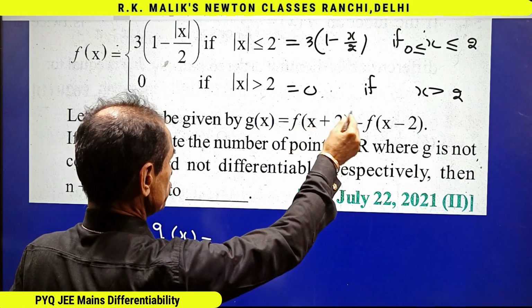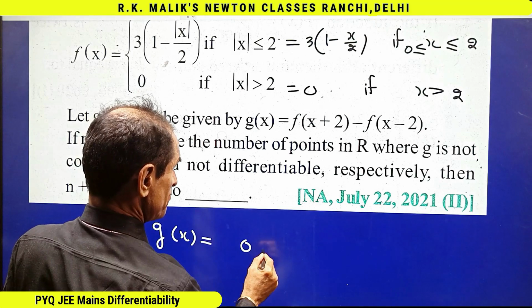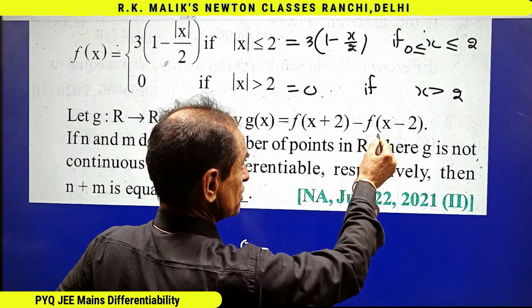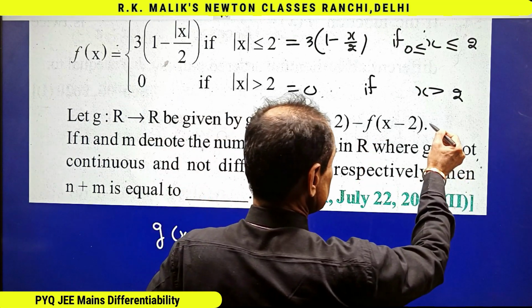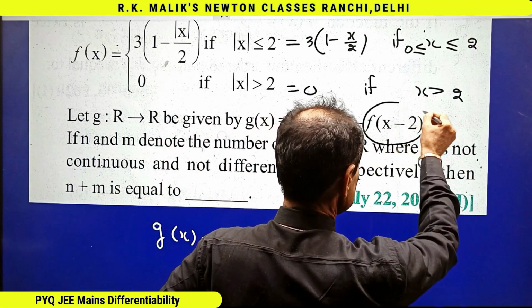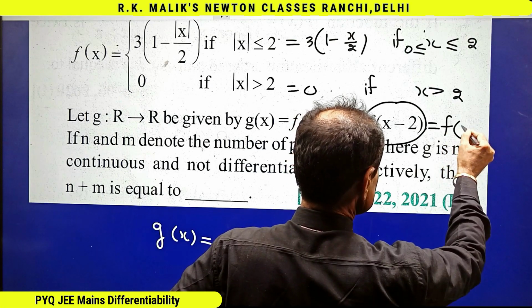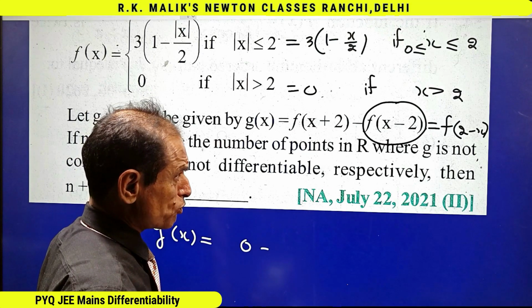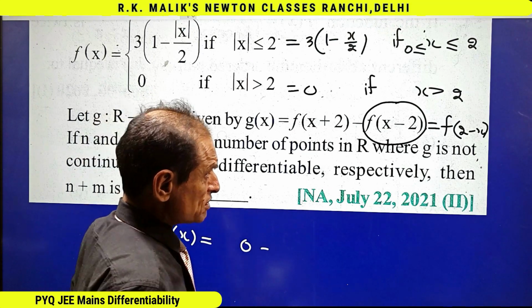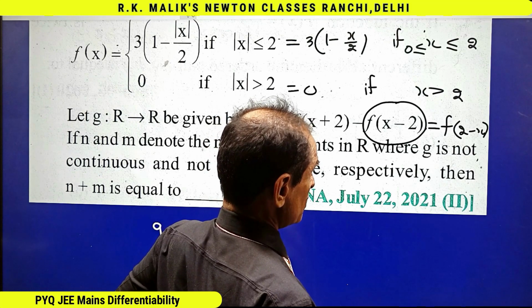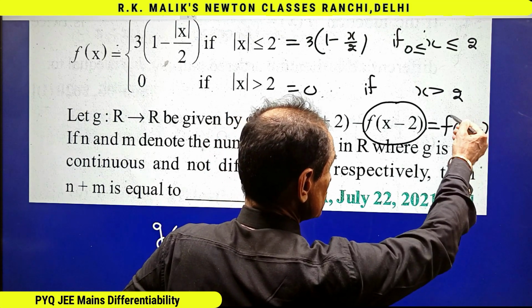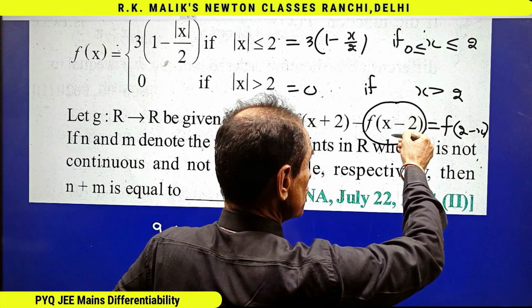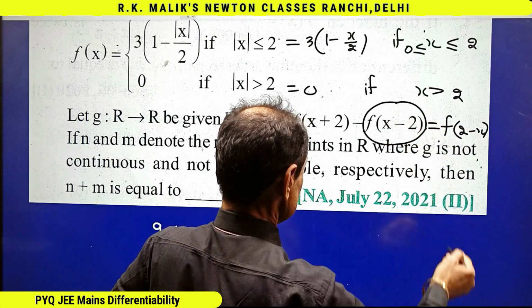Hence, the value of this will be 0 minus. As I know that f is an even function, keep in mind that this is the same as f(2 minus x). And because x is positive, if x is less than 2, I'll be using f(2 minus x). And if x is greater than 2, I'll be using x minus 2.